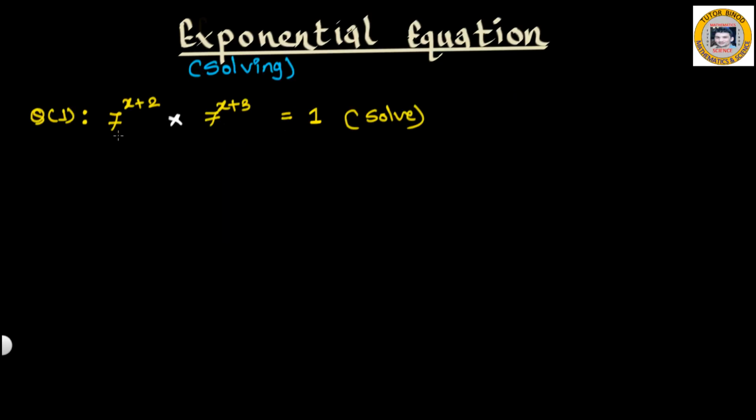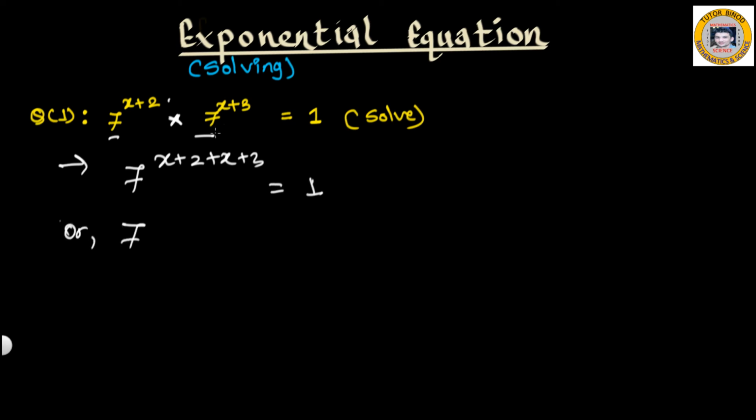In the question, it says that 7 to the power x plus 2 multiplied by 7 to the power x plus 3 equals 1. Let us solve it. Because it has the same base, I can add the two powers: 7 raised to x plus 2 plus x plus 3 equals 1.